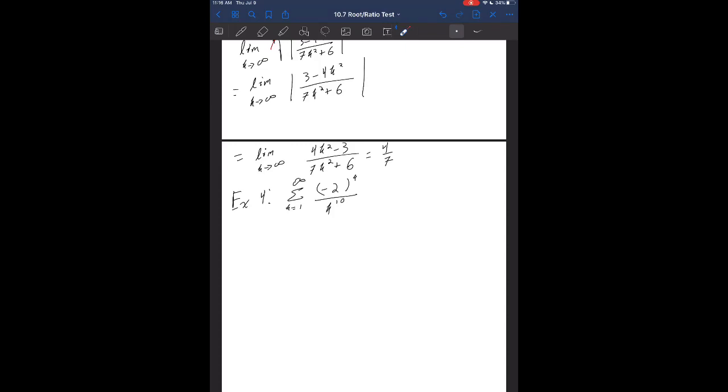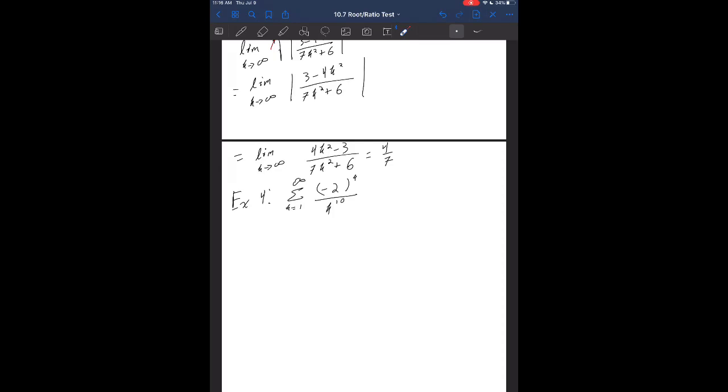But let's use the root test on this just to show that it works. As with a lot of things in math, and I think this is something I've tried to stress a lot over the summer, you can always do things a couple of different ways in math.